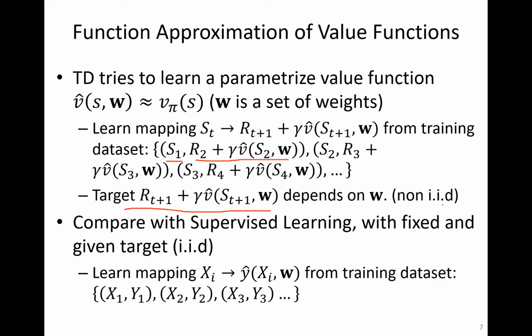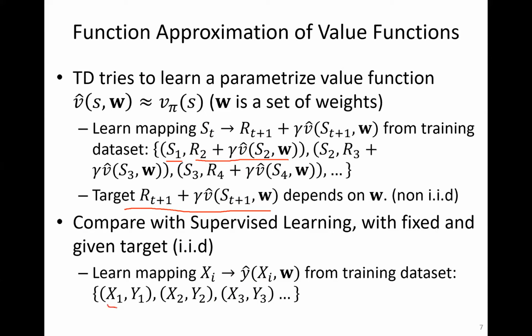independent and identically distributed. So I mentioned this before during imitation learning. Compare this to supervised learning, say you're mapping from pictures to labels, and you have a fixed training data set.